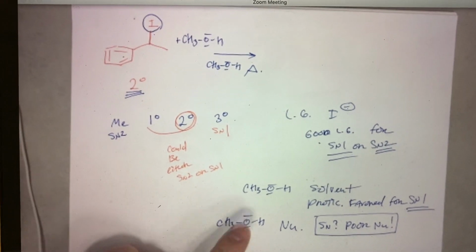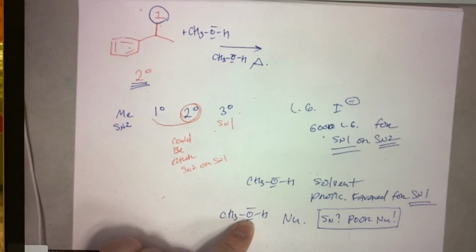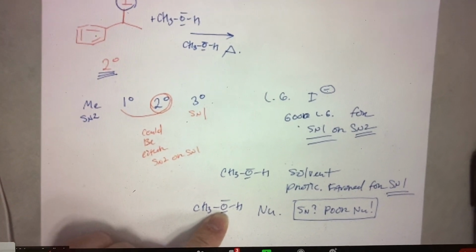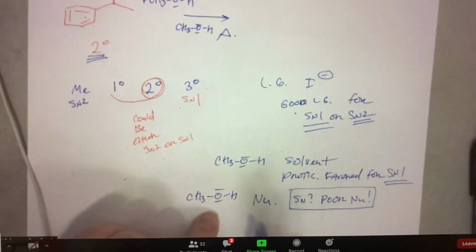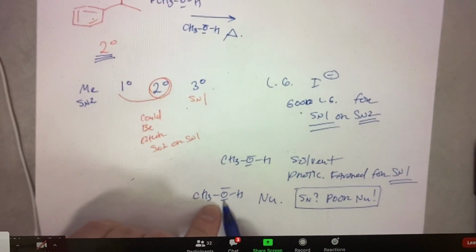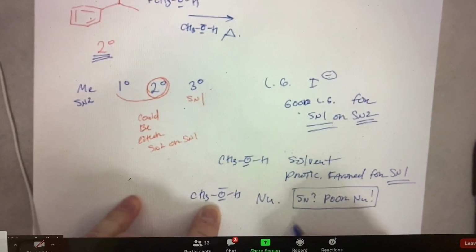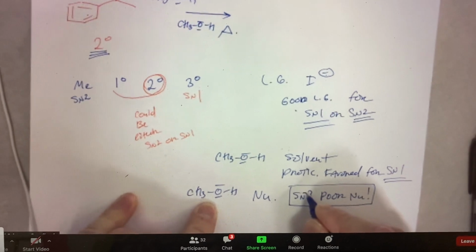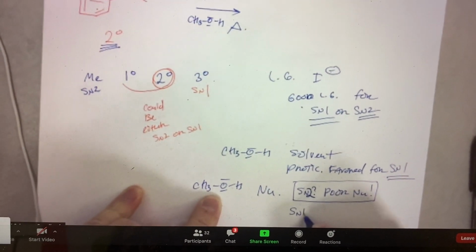Well, it's poor because it's an electronegative atom, which is the antithesis of being a good nucleophile. Electronegativity is opposed to nucleophilicity. And it's neutral, so we have an electronegative atom that really doesn't want to share its electrons with anything. But luckily, let's put this SN2 here. Luckily for SN1, it doesn't matter.